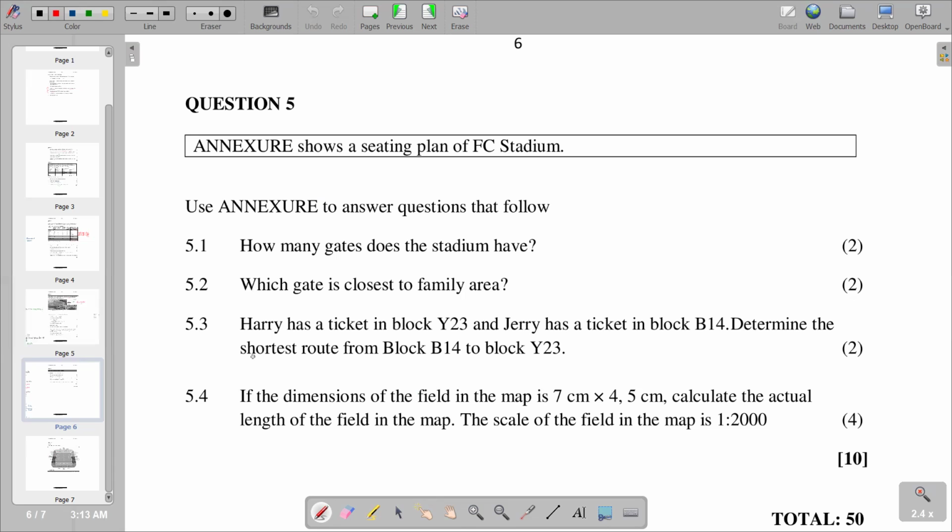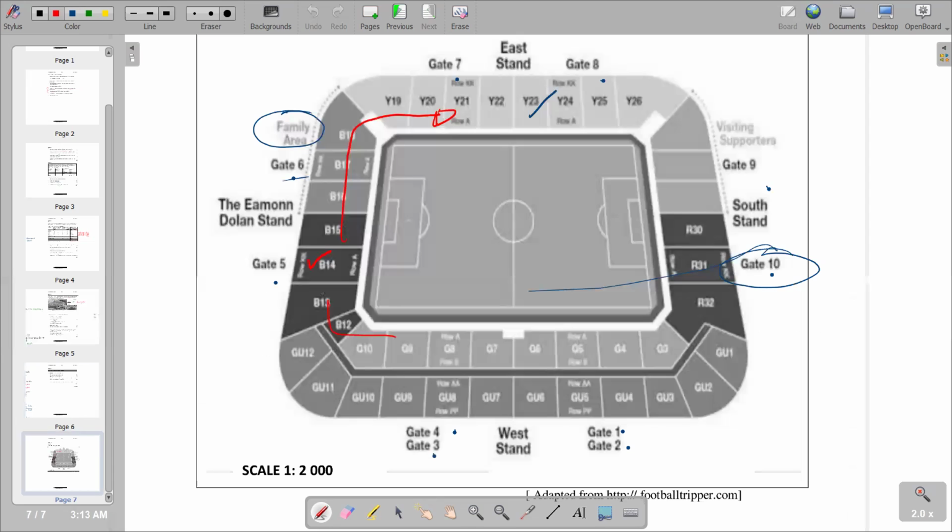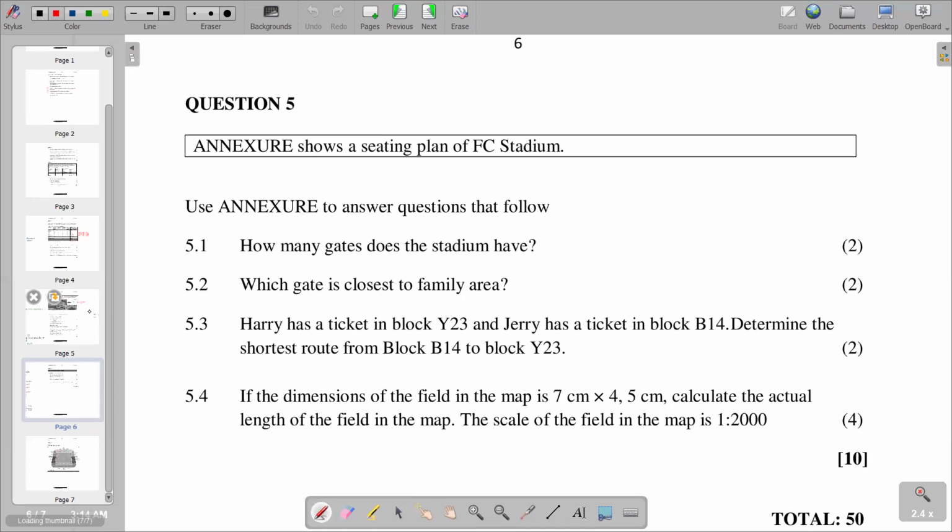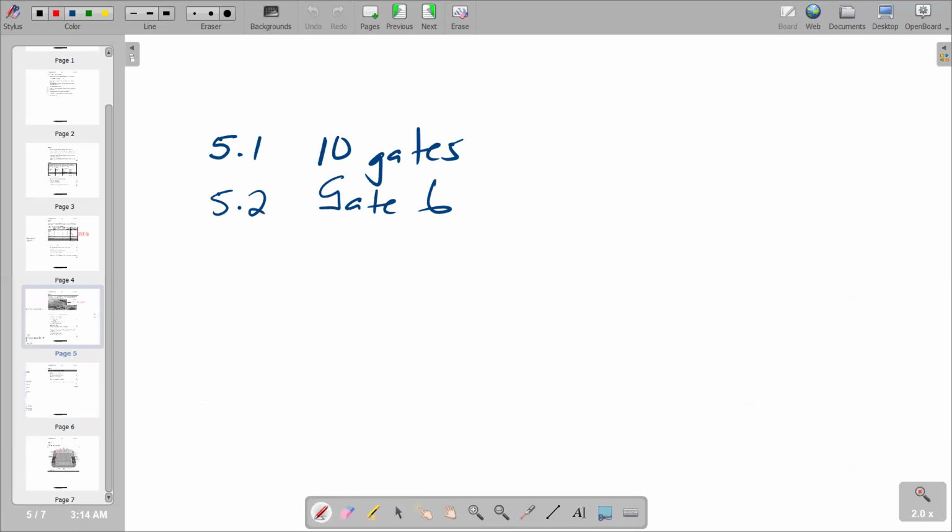So obviously we are going to describe how to move from B14 to Y23 here. So we are saying from block 14, which is B14, you move up to Y19. Obviously, you have to go up to Y19. And then from Y19, you have to turn right and go to Y23, which is here. So this is the point that we want to reach. So basically, that's the description that we are going to give, whereby this is our 5.3.